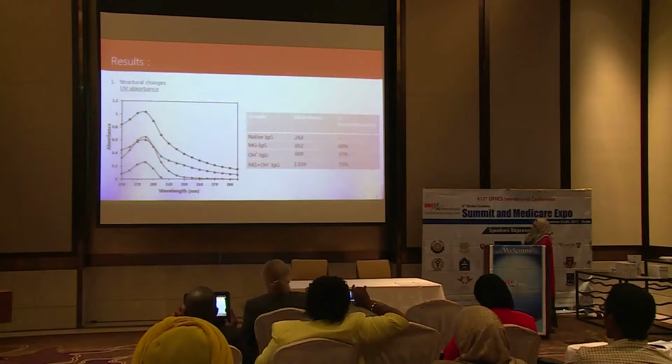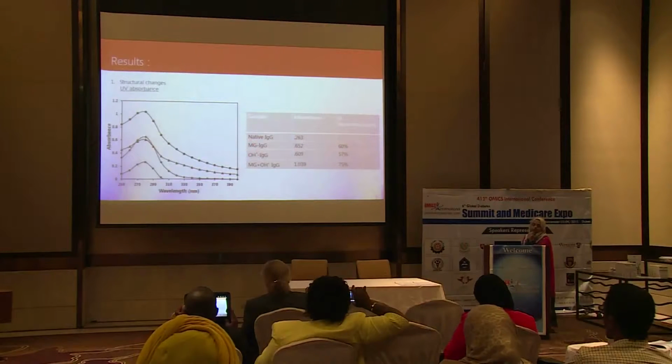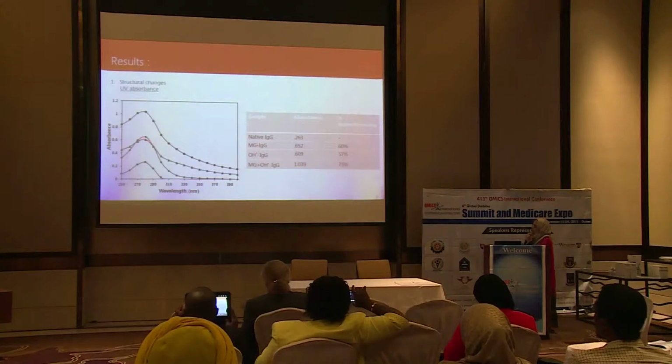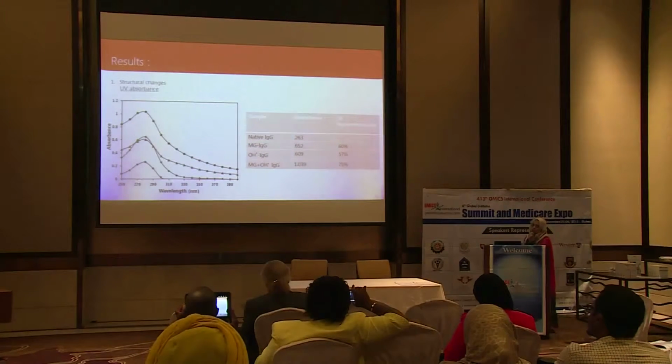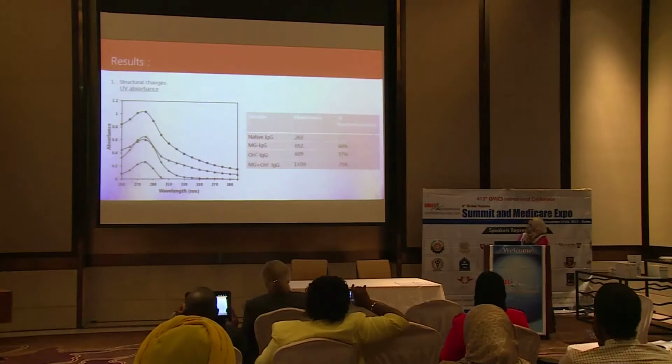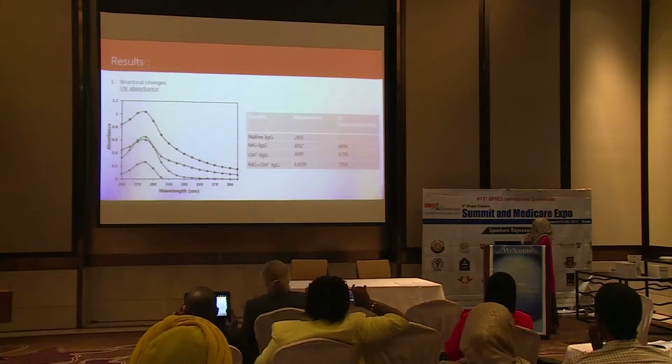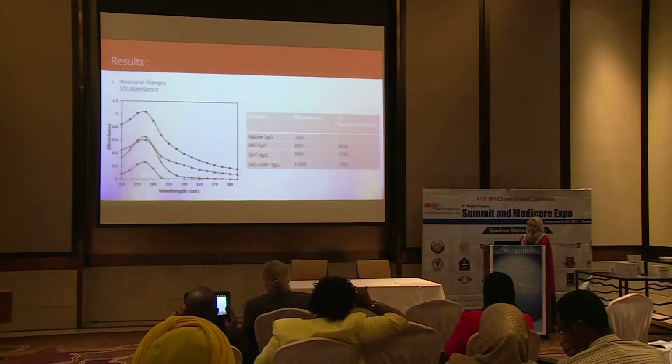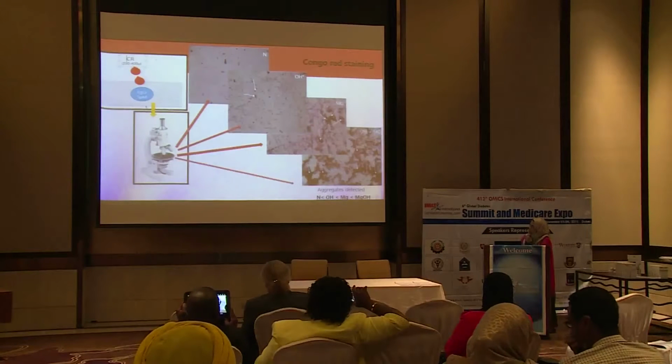We have also run two parallel controls to see the effect of only glycation and only hydroxyl radical modification. But it has been found that maximum damage to the protein occurred when the protein reacted with methylglyoxal in combination with hydroxyl radical, pointing to a very damaging effect of glycoxidation.